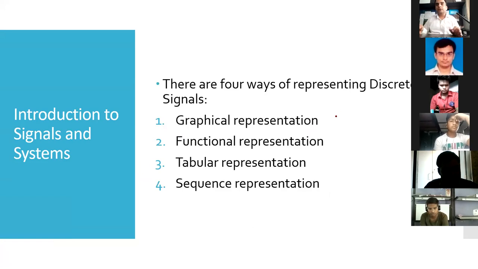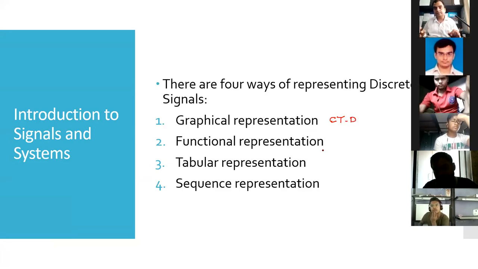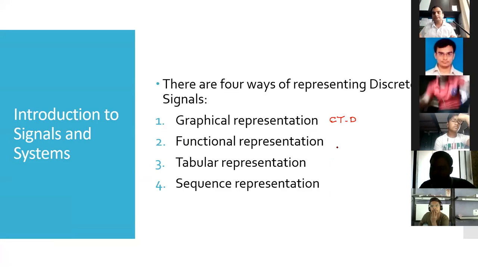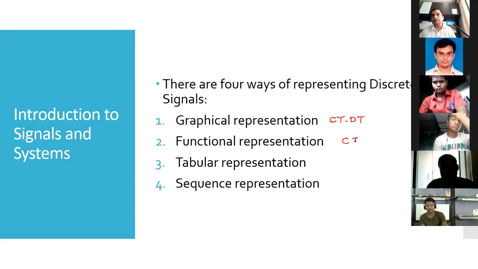Okay. So the graphical representation is done in both continuous time and discrete time. Graphical representation is done in continuous time as well as discrete time. Functional representation is also done in continuous time and discrete time. So many times the short forms CT and DT will be used.